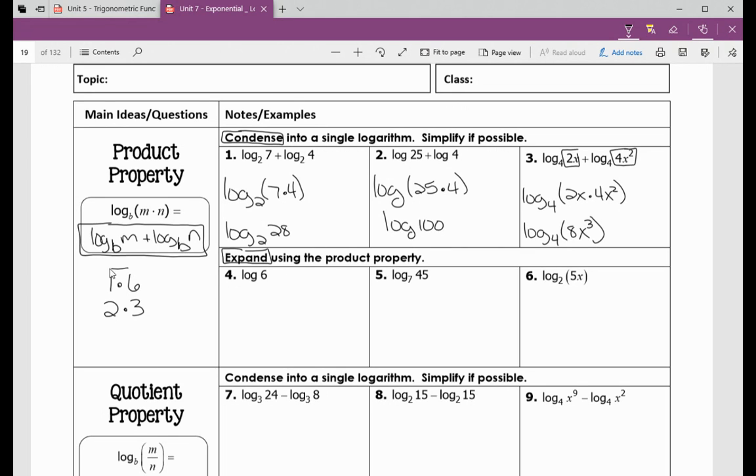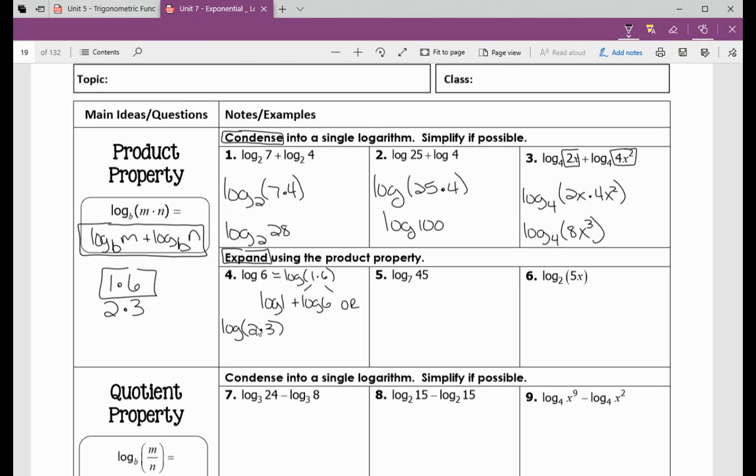So if we use the first combination, that becomes log of 1 times 6, and then I can split that into log of 1 plus log of 6. But I have to create the multiplication situation. Or if we use the 2 and the 3, that would be log of 2 times 3.